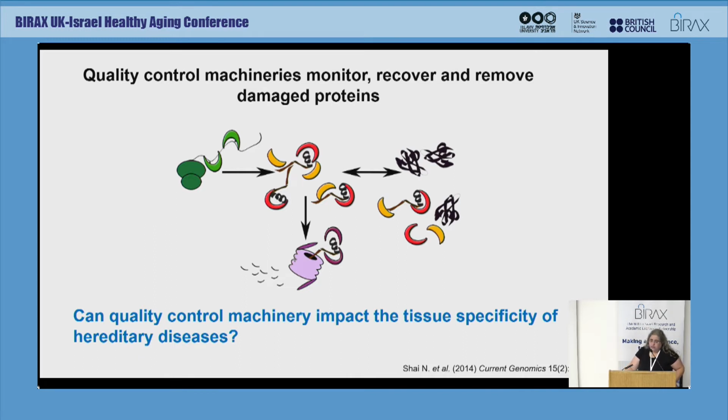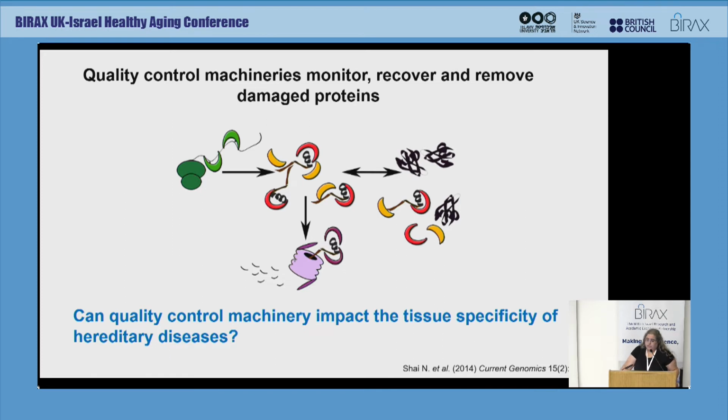So for those of you who are not familiar with quality control machineries, they are basically divided into two arms. One is composed mostly of chaperones, which are proteins that assist other proteins. They are able to specifically monitor and recognize proteins that are misfolded or have some kind of problem or damage, and they help to recover them and restore their function.